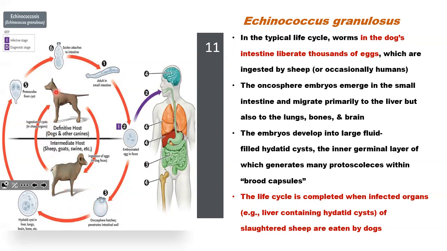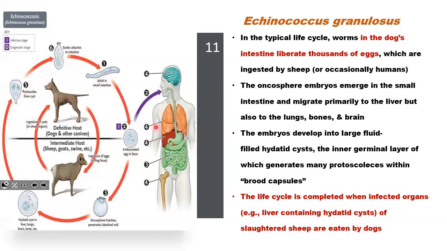So if the dog now feeds on an infected intermediate host, particularly on internal organs such as the liver, the lungs, the GI, then these larval forms are ingested and they develop into the adult worm. Once the adult worm forms, the dog starts to pass the eggs again in feces and the cycle continues.